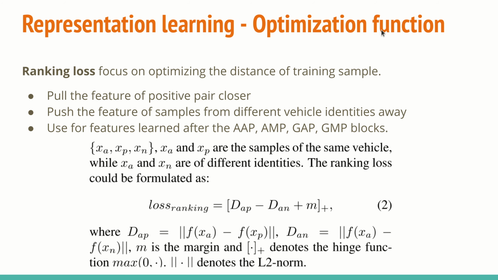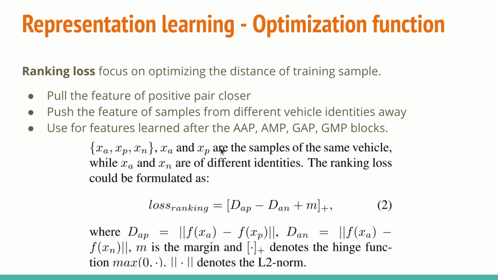About the optimization function, we use two losses, that is the ranking loss and cross entropy loss. The ranking loss focuses on optimizing the distance of training samples. It does two things. The first is to pull the features of a positive pair closer, and the second is to push the features of different vehicles far away. Here we have a triplet, SA, SP, and SN.